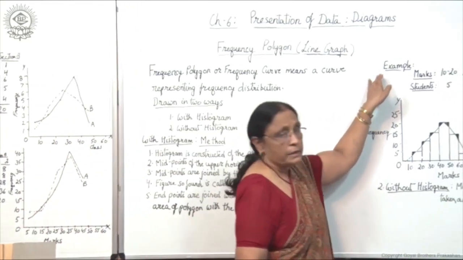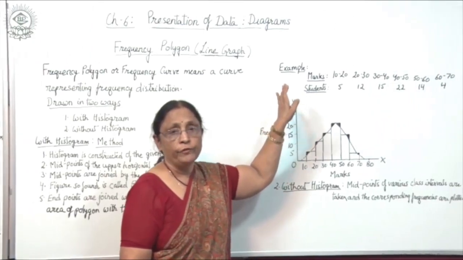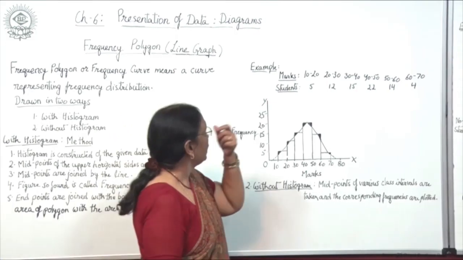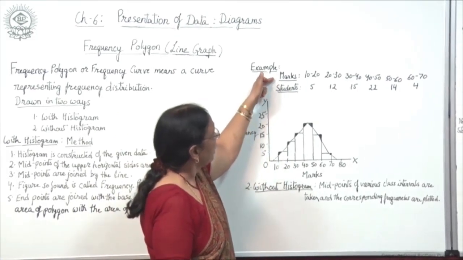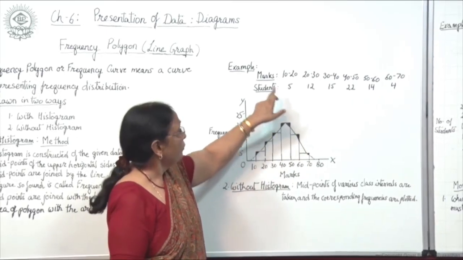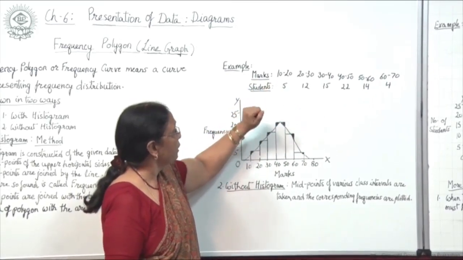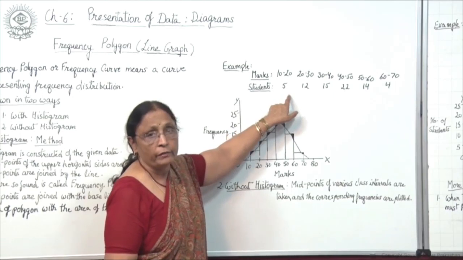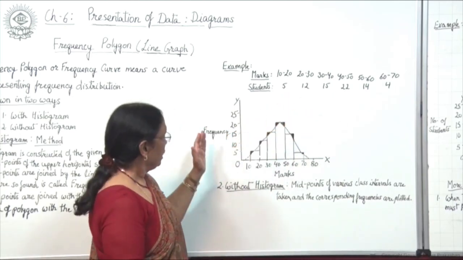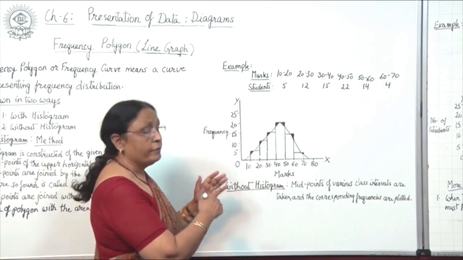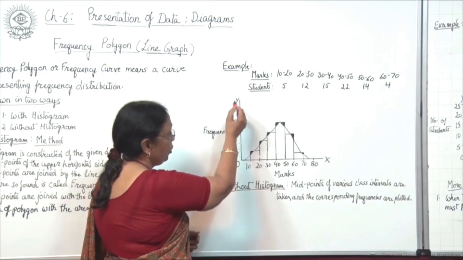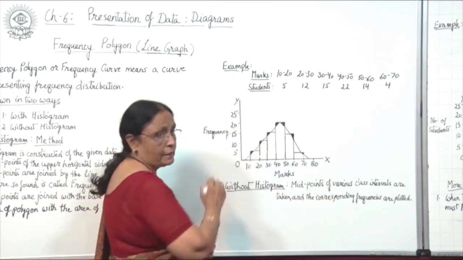First, this is the example of drawing a frequency polygon with the help of a histogram. Now, see here, marks and number of students. This is the given data. Marks in the form of class intervals are given, and the number of students is given in the form of a frequency distribution. As you know very well by now, you have to draw two axes, OY and OX.